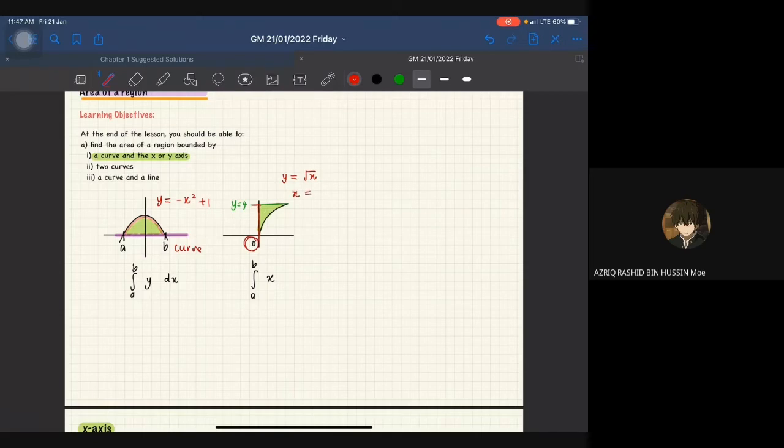So, X equal to Y square. Okay, so awak akan dapat X equal to apa and then dia mesti integrate with respect to Y. Okay, so yang ini dalam Y, this one dia dalam Y juga. And then integrate pun with respect to Y. Okay, itu sahaja.